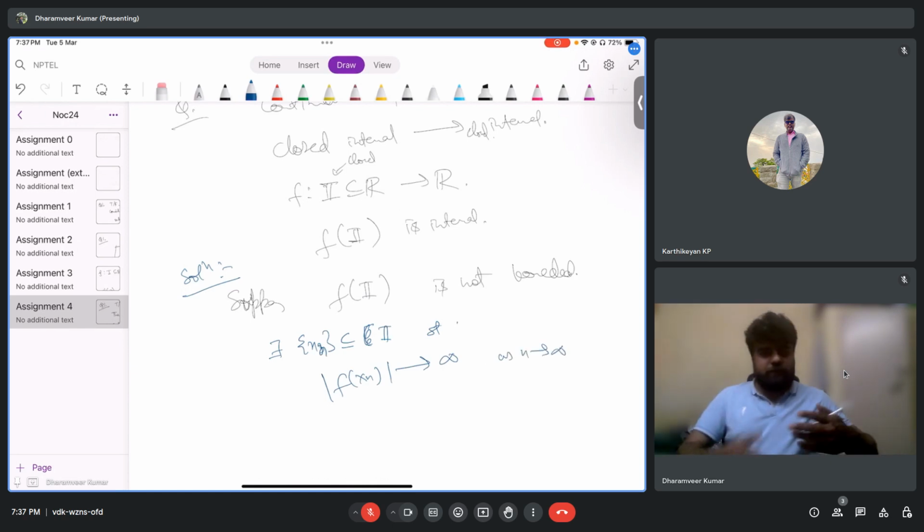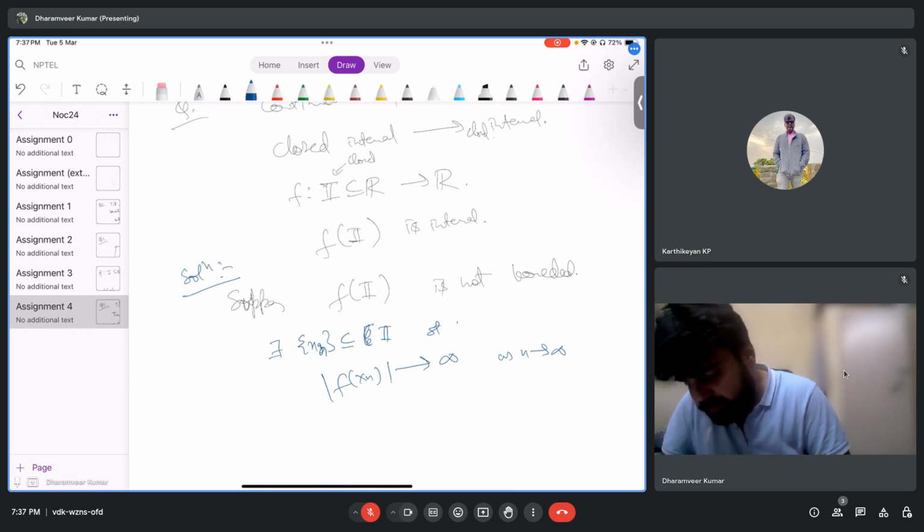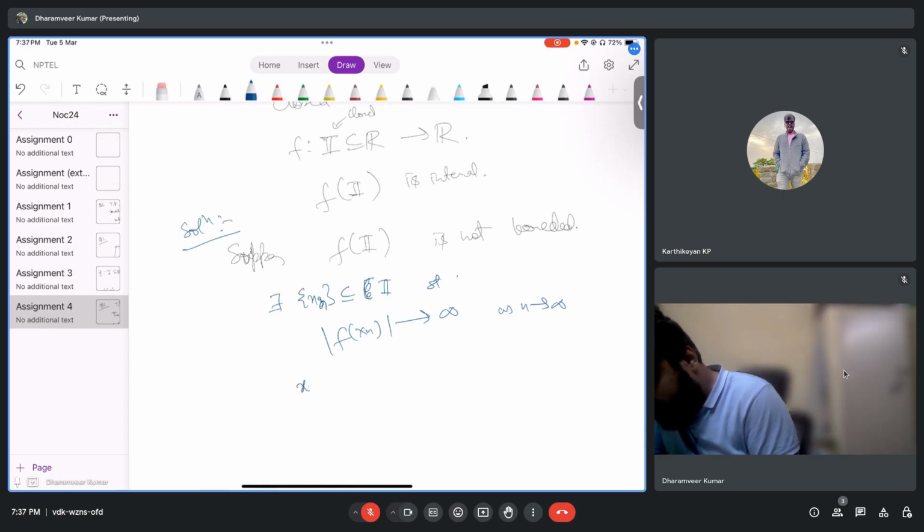If something is not bounded, I can always find a sequence such that it goes to infinity. But since [a, b] is a closed interval, there exists a subsequence of xn such that xn converges to some x.